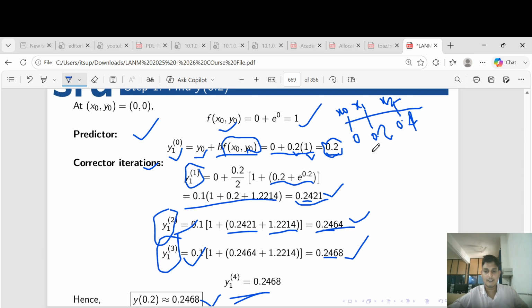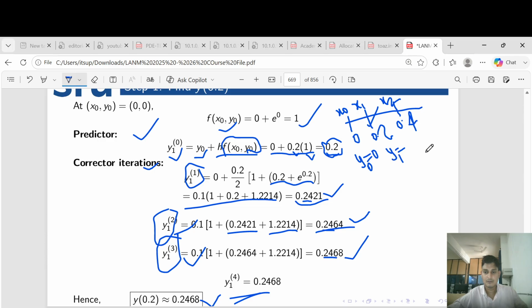What we have done is, this is x naught, and y naught is given at x naught as 0. We evaluate at this point what is the value of y1. So we evaluated at 0.2, where x naught is given, we evaluated at x1 on the real line.